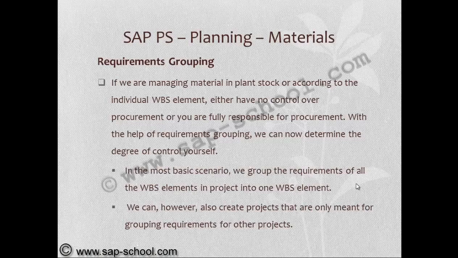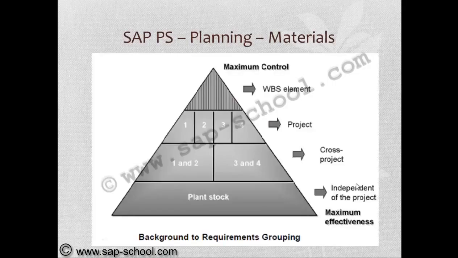In the most basic scenario, we group the requirements of all the WBS elements in a project into one WBS element. We can, however, also create projects that are only meant to group requirements for other projects. So if you see the background to requirements grouping, we can have WBSs, different projects, cross projects, independent of project.